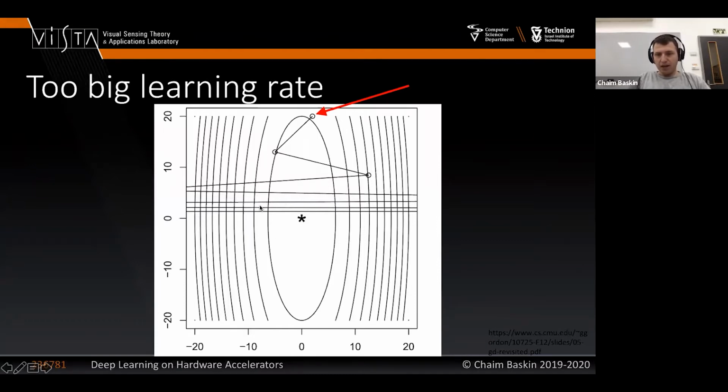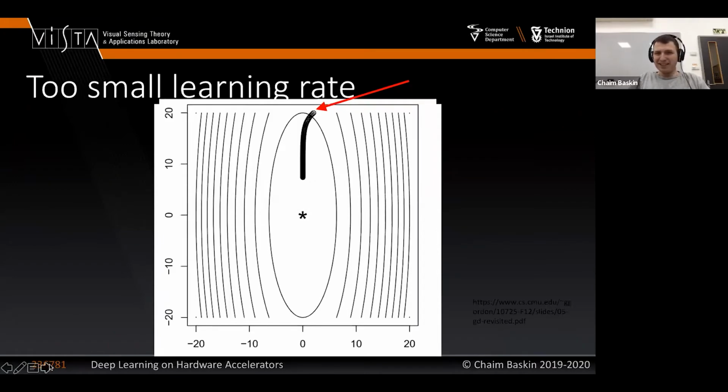This plot shows a too big learning rate. This other one shows too small a learning rate, because we are trying to converge but not reaching our optimal minimum.